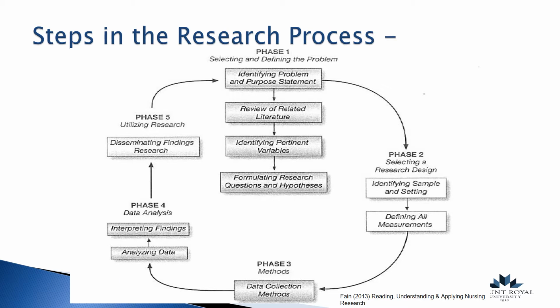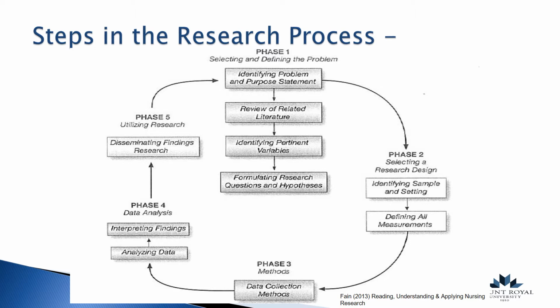And then the next step is often a review of related literature. I'm going to talk about this in a few slides, but this is a really, really critical step, and it gives the researcher a lot of information and really helps them formulate their study. If we're going to specifically look at something that involves variables such as an independent variable and dependent variable, we're looking at the relationship between those.